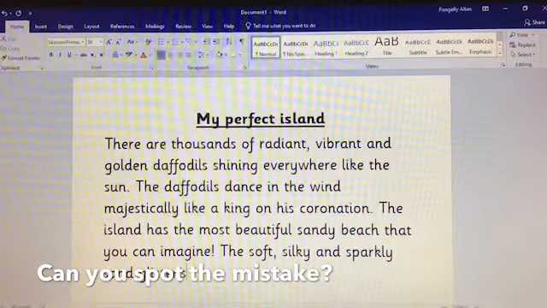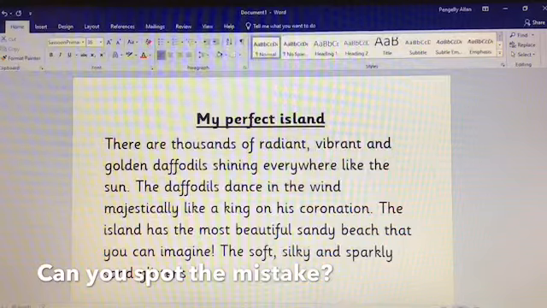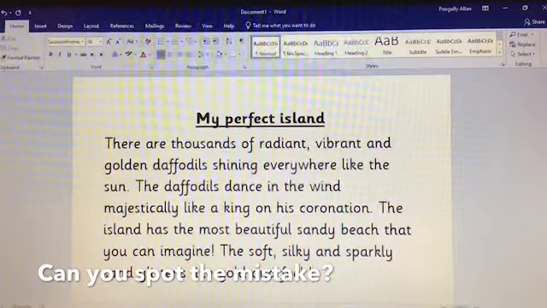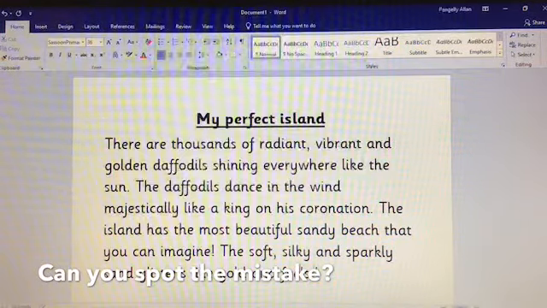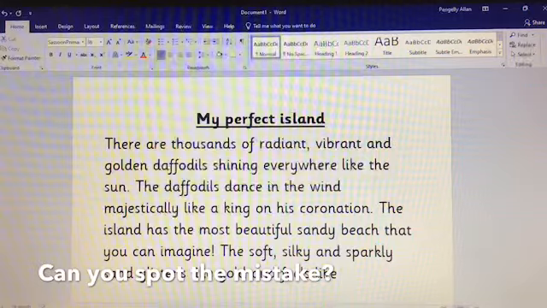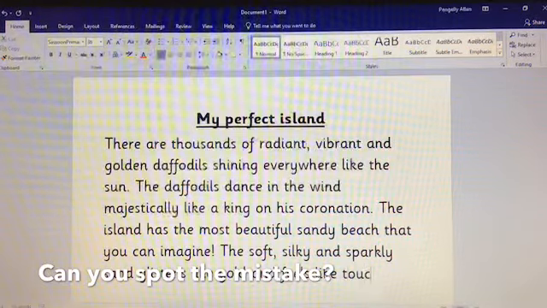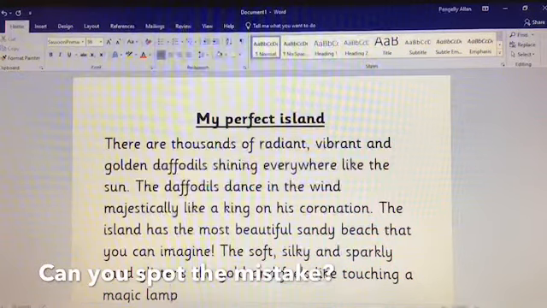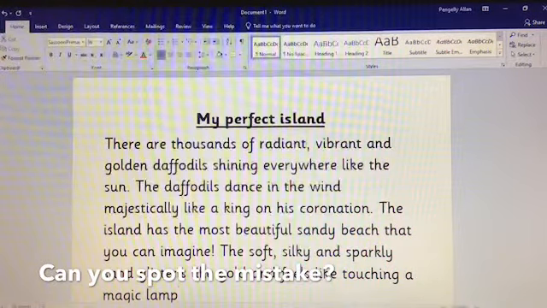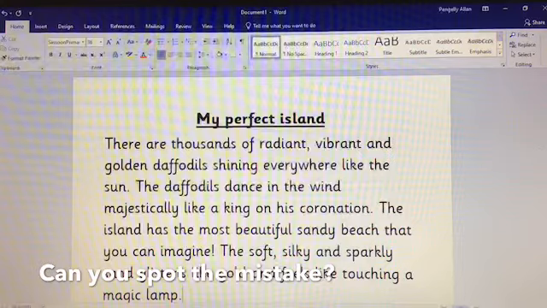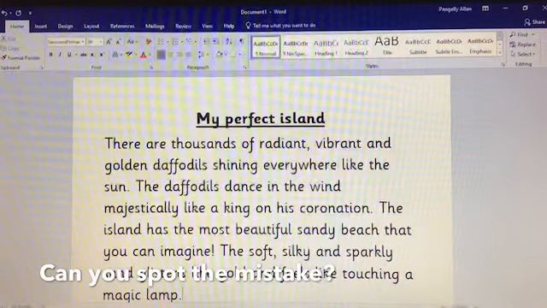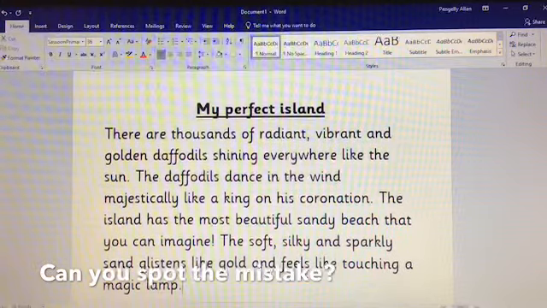So glistens is another way of saying shines like gold, and feels like touching a magic lamp. So it's so special that it's like touching a magic lamp. Imagine you could touch a magic lamp and you could have 3 wishes like Aladdin did. Okay.